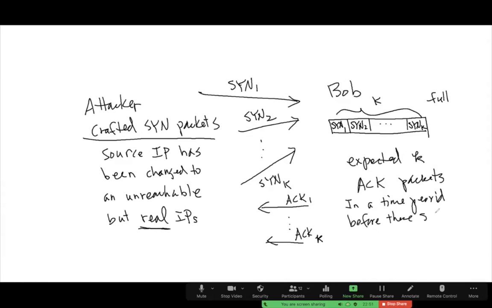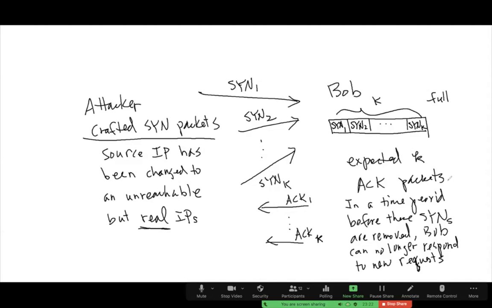Before these SYNs are removed, Bob can no longer respond to new requests, because its buffer is full.